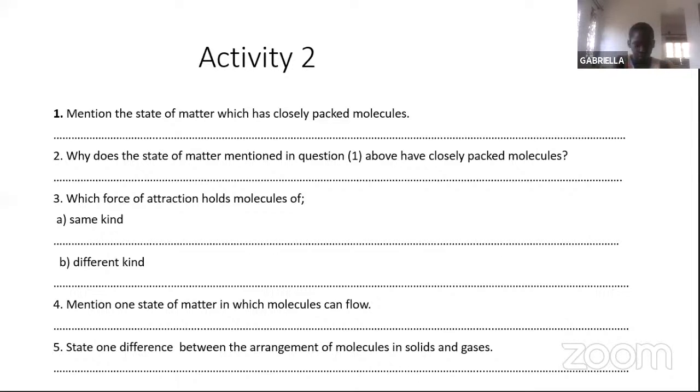When you look at them, what do you see in their arrangement? The arrangement of molecules in solids are closely packed, while the arrangement of molecules in gases are far apart. Thank you so much.